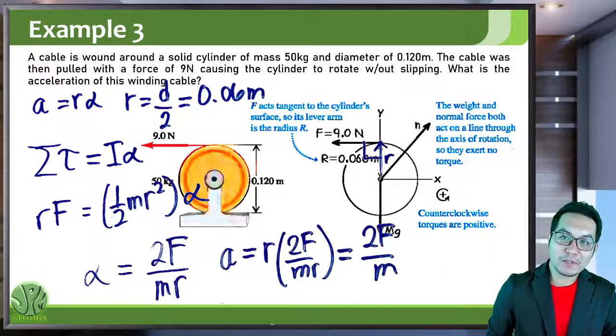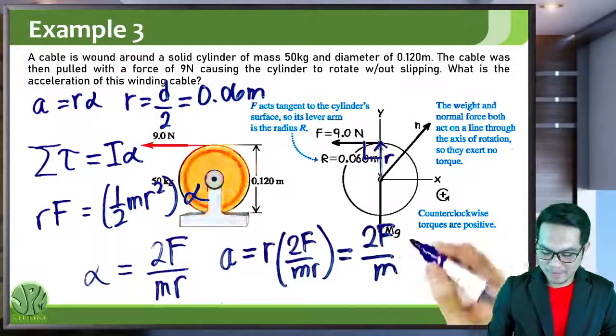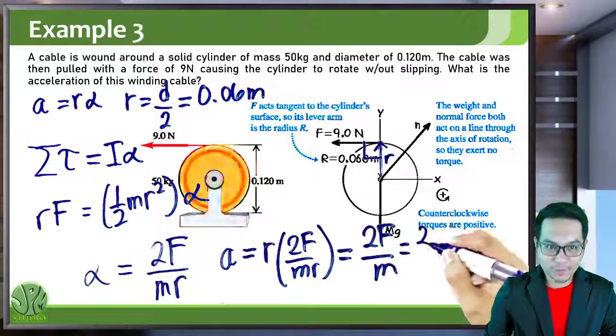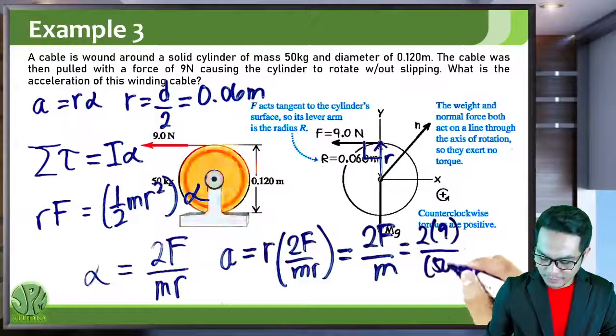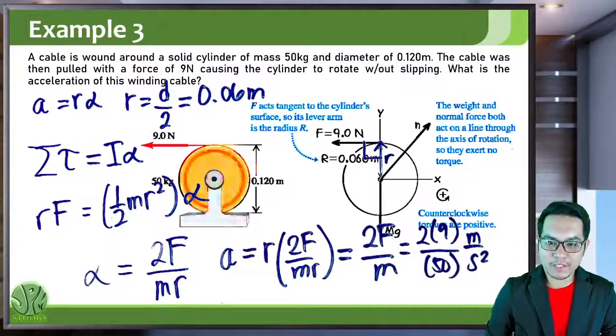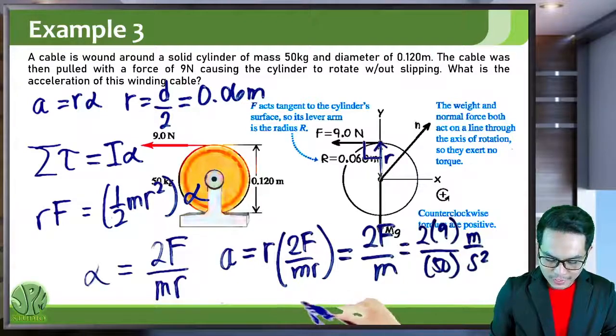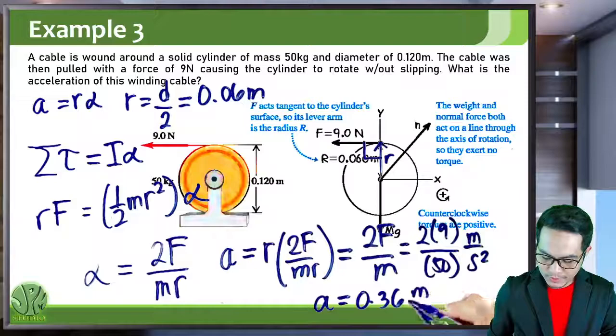So you only need two values in order to solve for the acceleration. It's just the force over the mass. So in that case, the force is 9 newtons, the mass is 50 kilograms. The final unit is meters per second squared. So your acceleration will be equal to 0.36 meters per second squared.